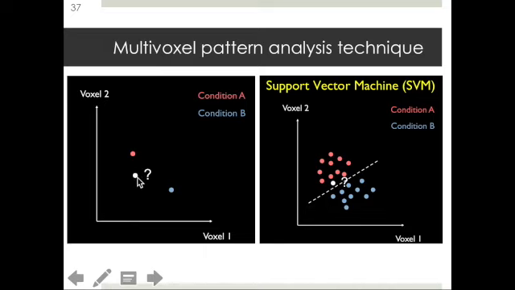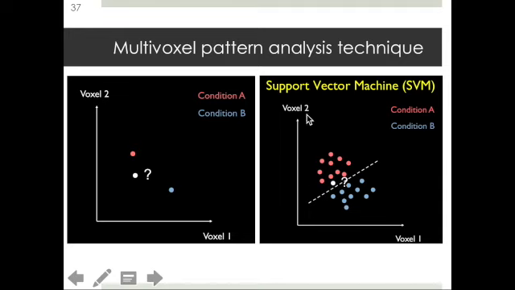Now, with the third condition, when there's not enough data, it's very hard to tell whether it belongs more to condition A or B, but as you have more and more data, more and more voxels, you start to be able to better tell the difference between condition A and condition B.